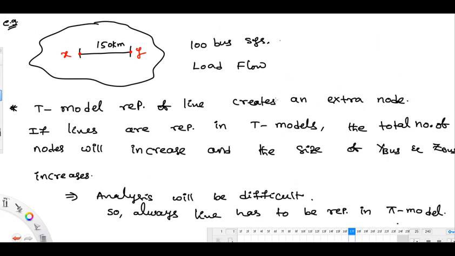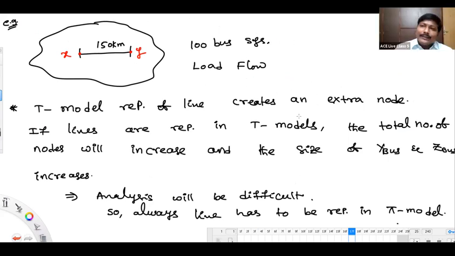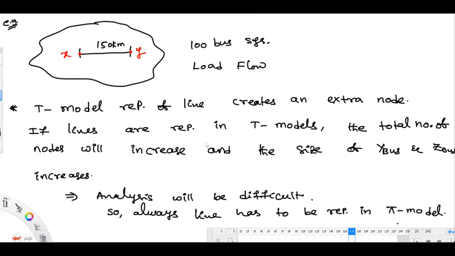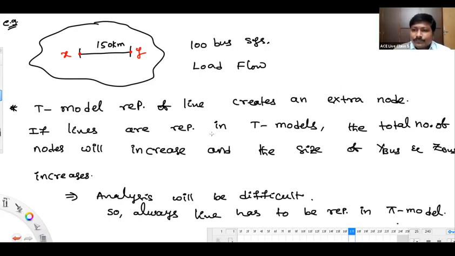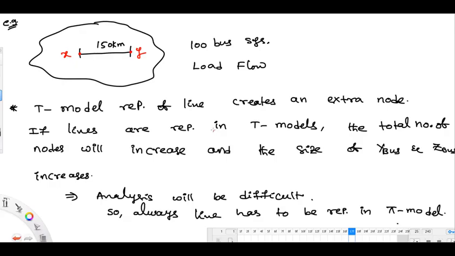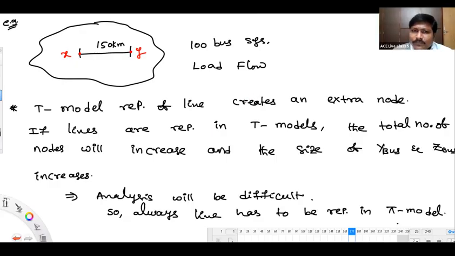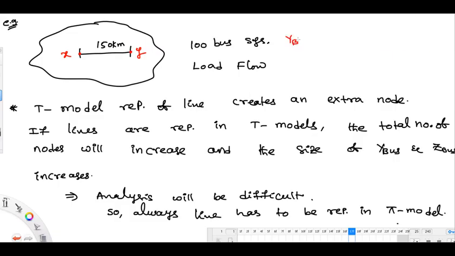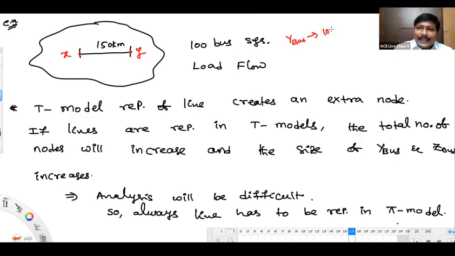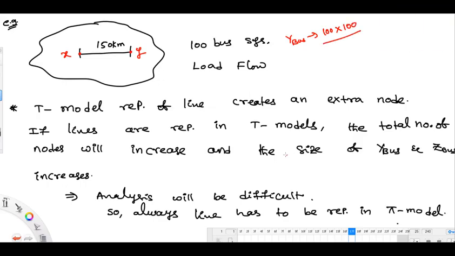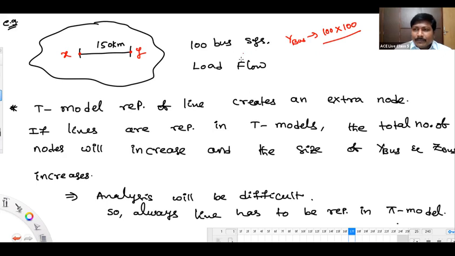But if you keep that in a T model, there is an extra node created, so the number of nodes will increase. One minute, I am saying matrix size, not numerator and denominator. So that 100 will be the number of buses, and the matrix size will be 100 rows and 100 columns.